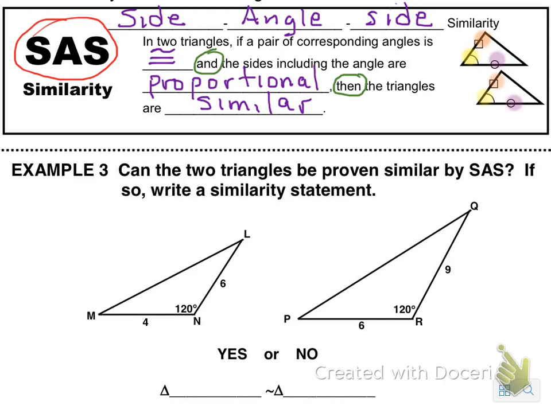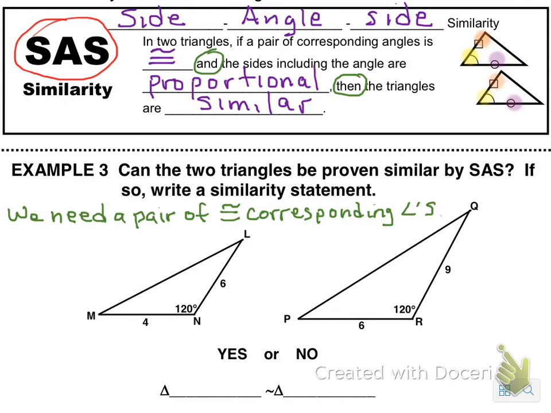So in example 3, we're asked to answer the question, can the two triangles be proven similar by using the SAS similarity theorem? And if so, let's write a similarity statement. Well, to use this theorem, we must first find a pair of congruent corresponding angles.